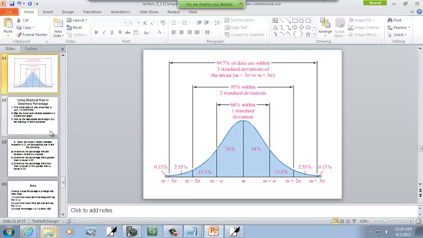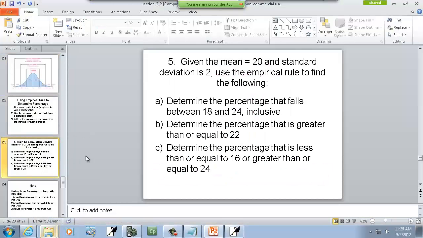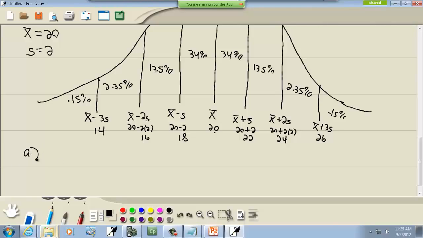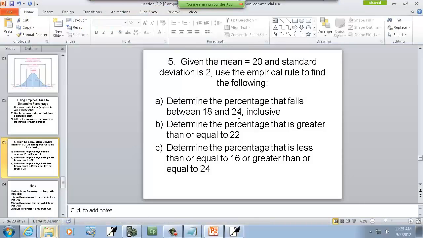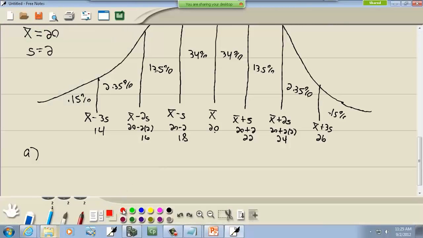Okay, so let's go back to our problem. A. Determine the percentage that falls between 18 and 24, inclusive. Between 18 and 24. And I'm going to use red for this. Here's 18 and 24. So 18 and 24 would be from here to here. So I'm going to add up all the percentages in there.